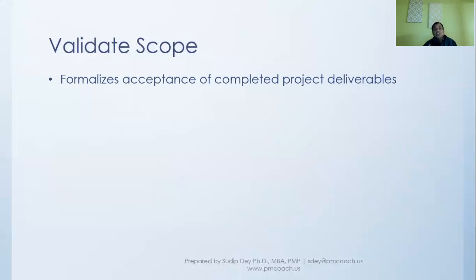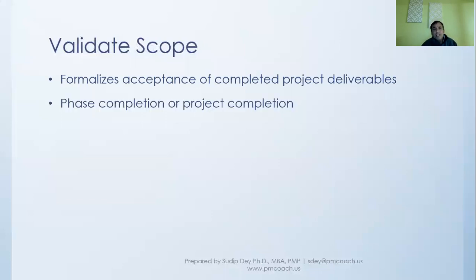Based on this acceptance criteria, they'll validate, and when they're happy, they formally accept. The user, the client needs to formally accept once they are happy about what they have received, or once the deliverable meets the acceptance criteria.